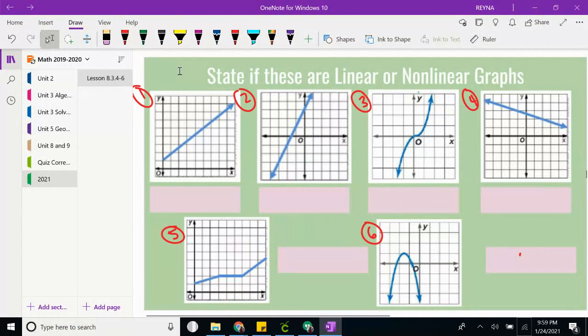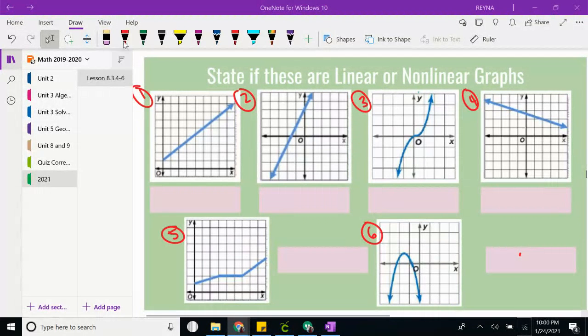Do you think graph number 3 is linear or nonlinear? Do you think graph number 4 is linear or nonlinear? Do you think graph number 5 is linear or nonlinear? And lastly, do you think 6 is linear or nonlinear?